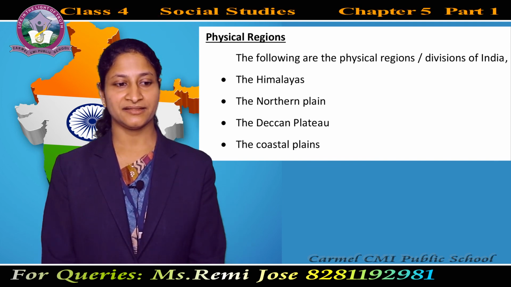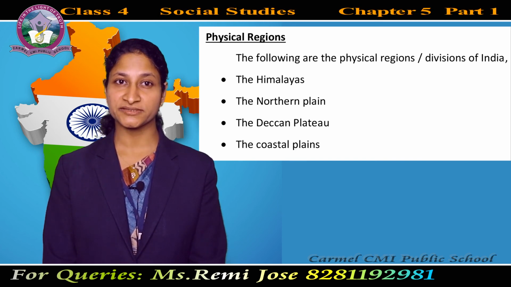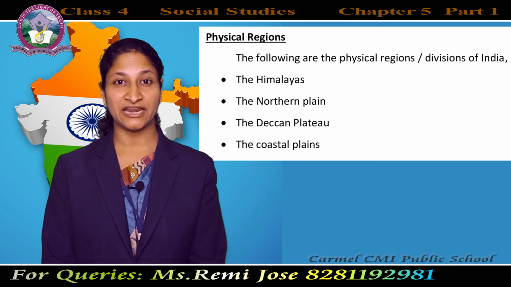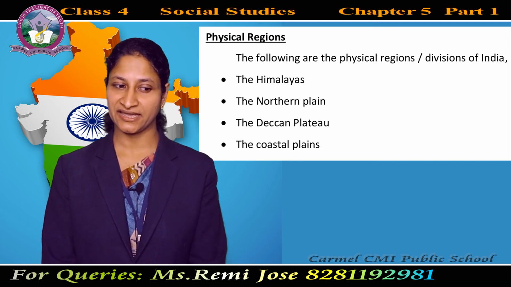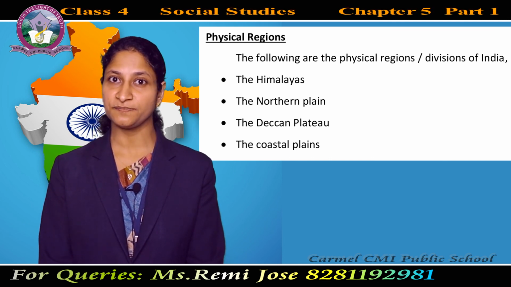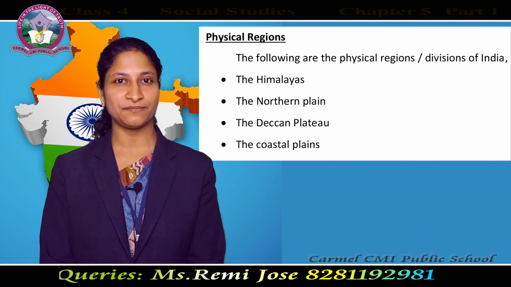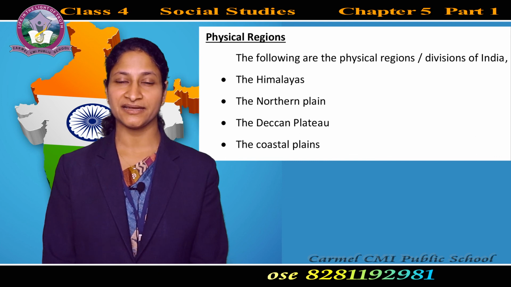They are the Himalayas, the Northern Plain, the Deccan Plateau and the coastal plains. Name the 4 physical divisions of our country. Once again, the Himalayas, the Northern Plain, the Deccan Plateau and the coastal plains are the physical divisions of our country.